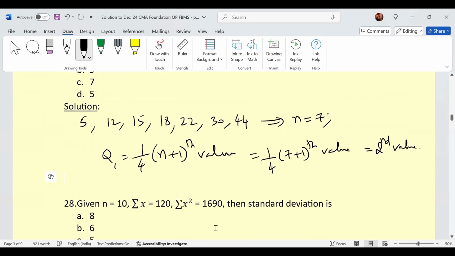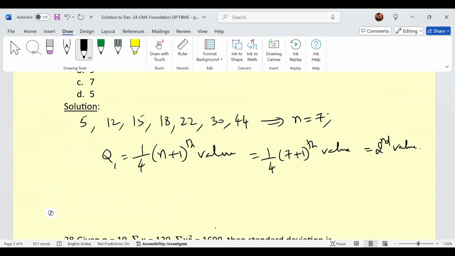Then next one, Q3 will be 3/4 of n plus 1th value. Here 3/4 means it is the sixth value. The sixth value is 30.